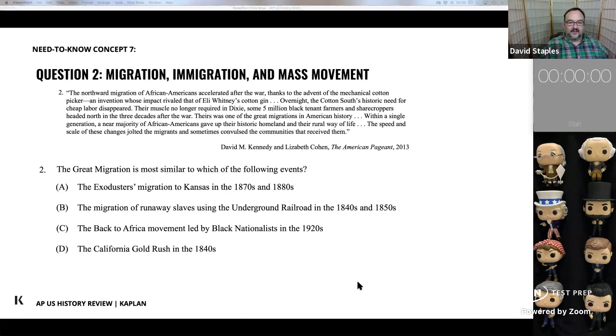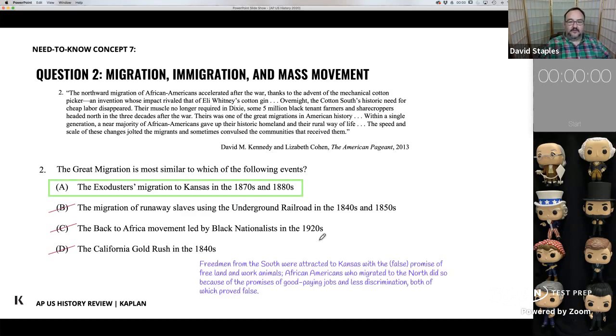Most similar, and it's going to be based in the fact that some of this was a false promise, a false hope, where the people heading north were hoping something else was going to happen and it didn't. So this is why it's actually going to be A, the Exodusters' migration to Kansas, because if you look at our note down at the bottom, people were attracted to Kansas because they thought that they were going to get free land and work animals, and they didn't.